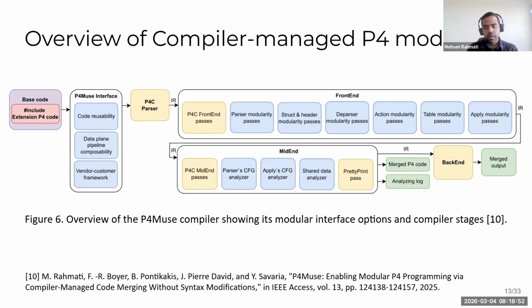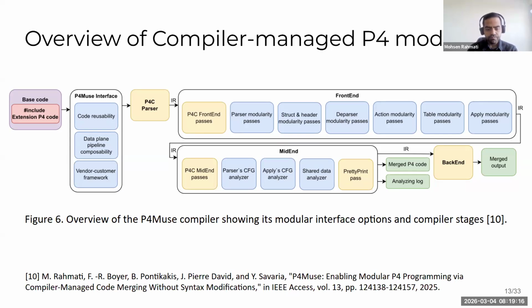And in the front end, we have passes for parser, struct and header, parser, action, table, and apply part. And in the mid end, we have some passes for verification of merging, for example, a parser control flow graph analyzer, an apply control flow graph analyzer, and a shared data analyzer.